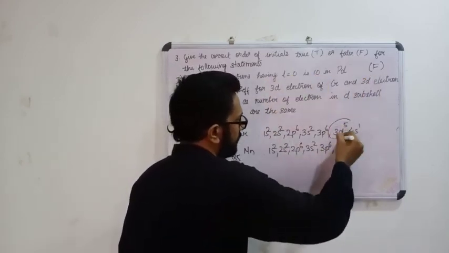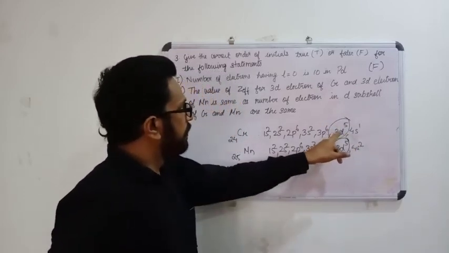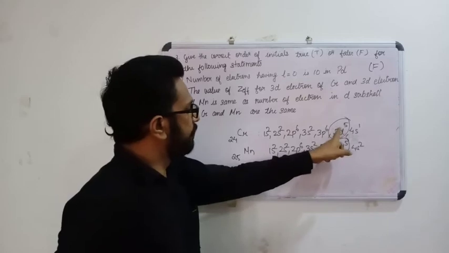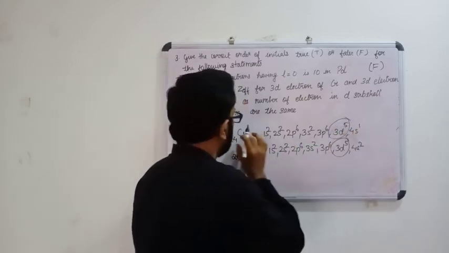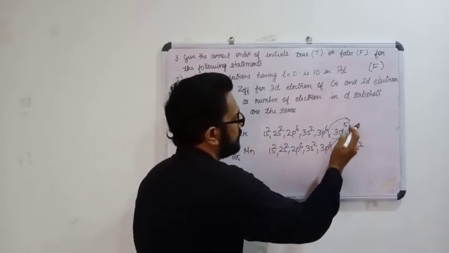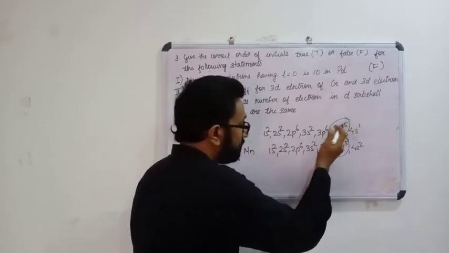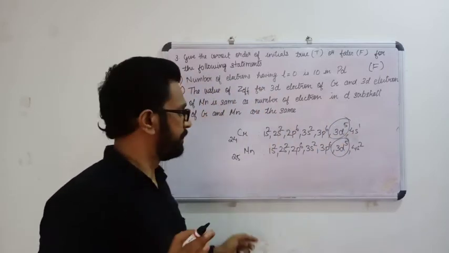Since chromium and manganese have the same number of electrons in the 3d subshell, whether its effective nuclear charge is the same or not, that is the question.